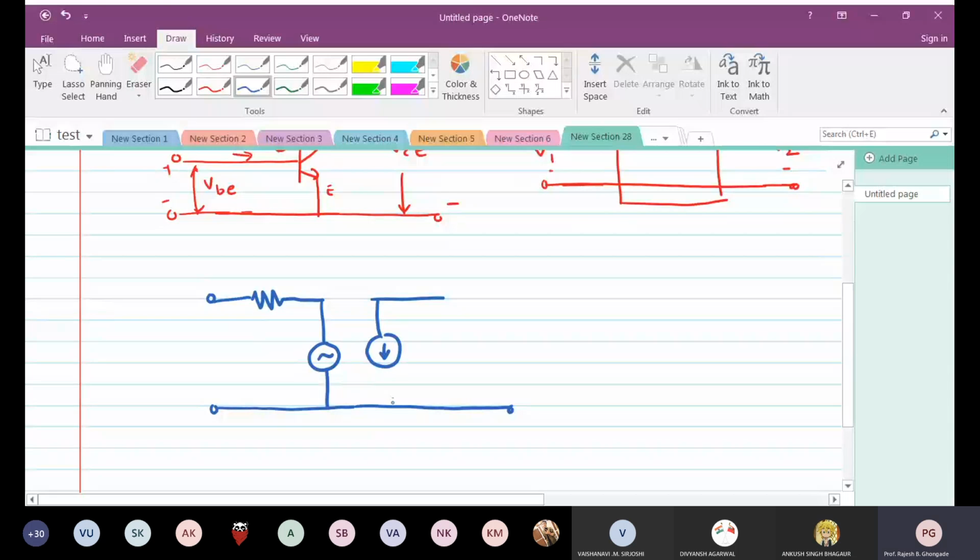Look at the direction of the current flow. So this was your emitter, this is your base, and this is the collector. This was IB, this is IC.